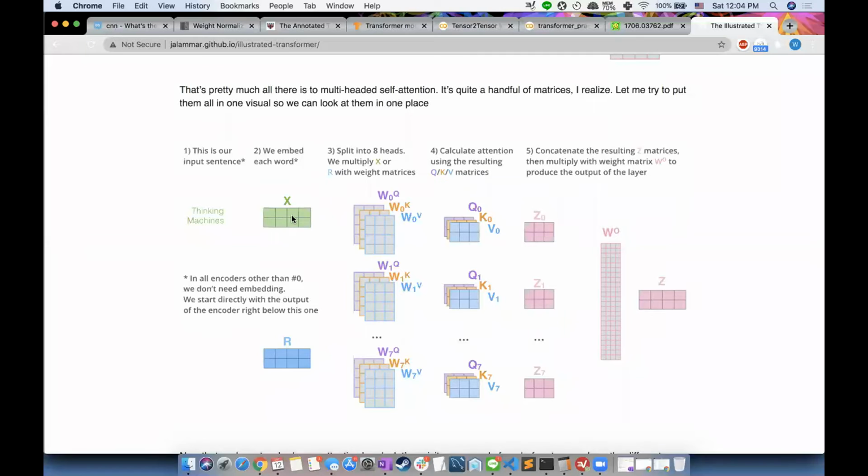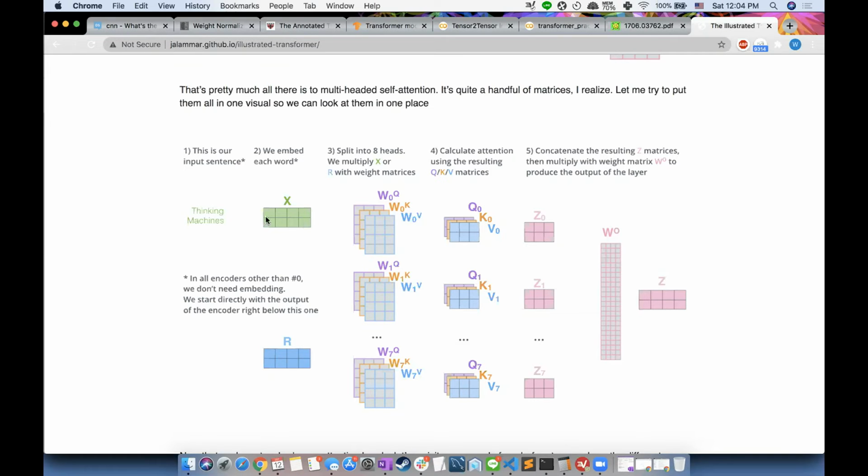So we multiply X0 with W0, X1 with W1, X2 with W2, all the way to X7 with W7. And you get 8 sets of QKV vectors, and you will get 8 sets of Z matrices, and you concatenate them together, right? And you matrix multiply with WO to produce the output of the layer.